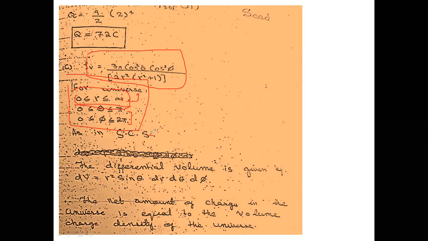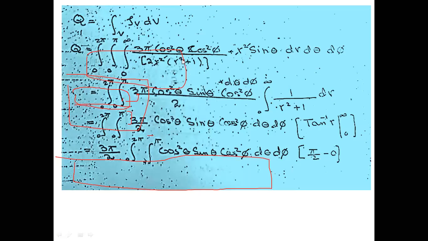Okay, and the differential volume for the spherical coordinate system is r square sine theta dr d theta d phi. Replacing rho v and dv in this, we will get rho v dv. Rho v is here and dv is here.